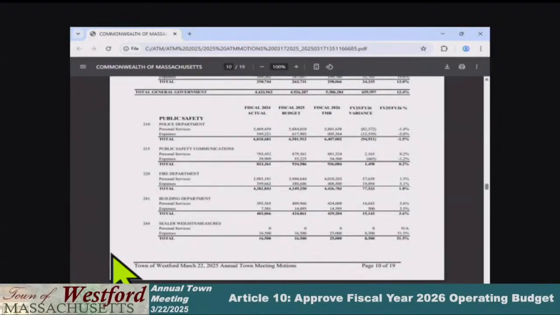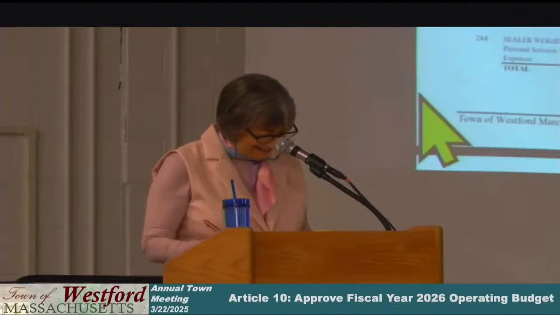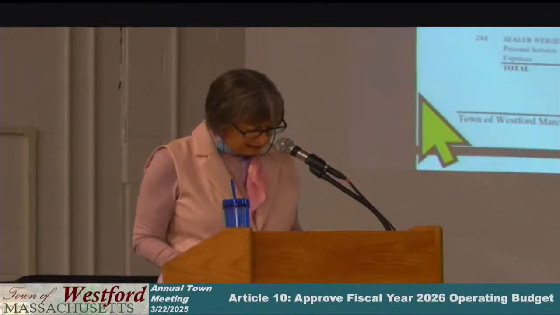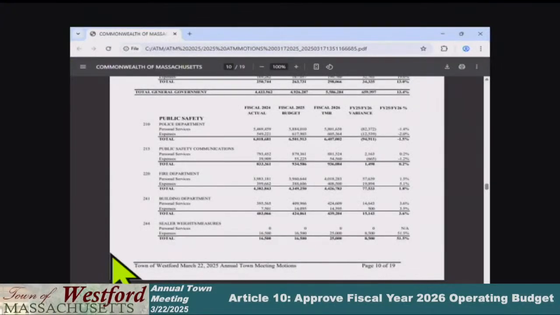Okay, police department, $6,407,002. Do you have a hold on that? Okay. Public safety communications, $936,084. Fire department, $4,426,783.